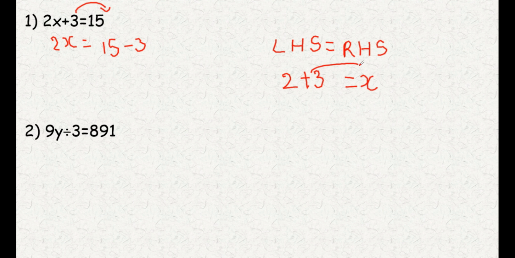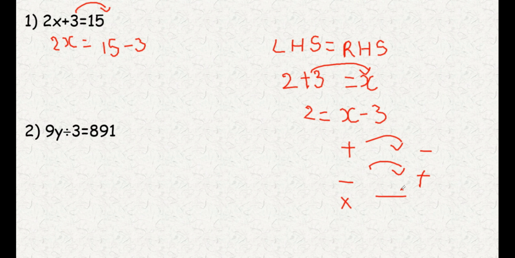If we want 3 on this side, it means 2 is equal to x minus 3. If plus goes to this side, it becomes minus. Minus goes to this side, it becomes plus. Multiplication becomes division, and division becomes multiplication. These are totally inverse. According to their symbols, they change between the LHS and RHS.